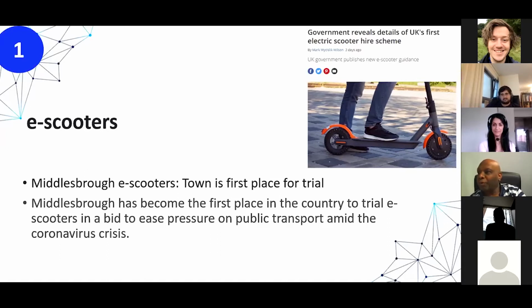Councils can apply for the trial, and it can only be a rented e-scooter. You can't go and buy an e-scooter from Halfords or online and start riding it around in the city. The people who are doing that are breaking the law. So just be mindful, don't break the law.